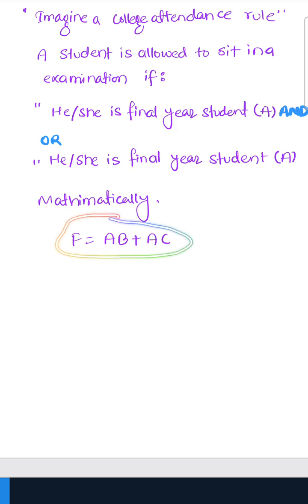Now here is one thing to notice: the condition A, which means final year student, is repeated two times, and by utilizing Boolean laws we can rewrite the same expression as f = a(b + c).